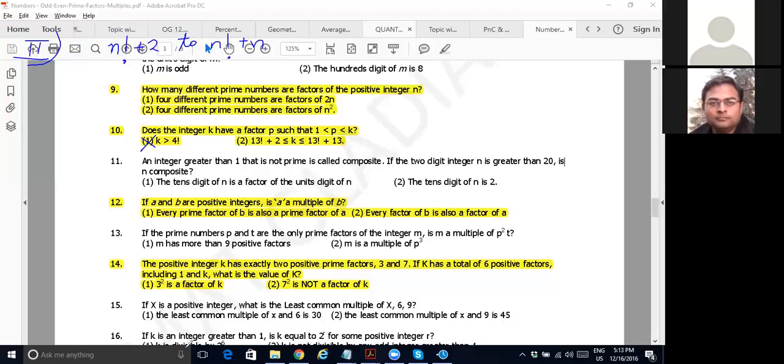So it is giving you a list of 12 integer values, starting from 13 factorial plus 2 to 13 factorial plus 13. So the question is, in these 12 values, does the integer K have a factor P, basically is K prime or composite in these values?